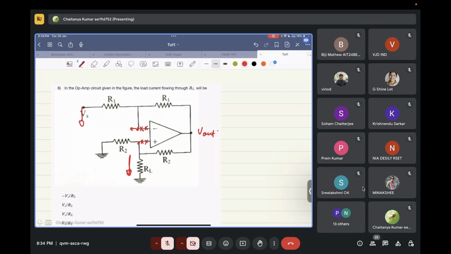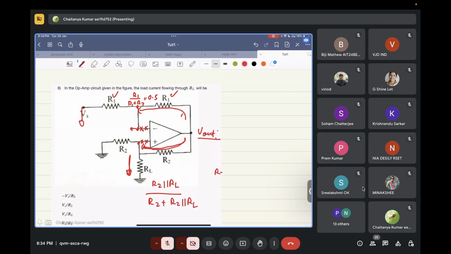Now if some positive output is given over here, there will be a resistor divider on the negative side and a resistor divider on the positive side. The resistor divider on the negative side has R1 and R1, so R1 divided by R1 plus R1 is equal to 0.5. On the positive side, we have R2 parallel RL divided by R2 plus R2 parallel RL.